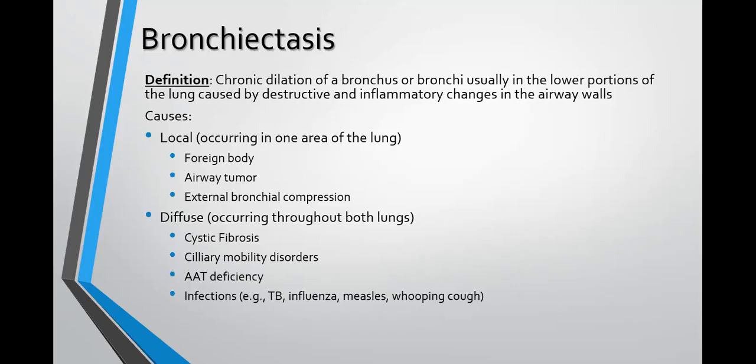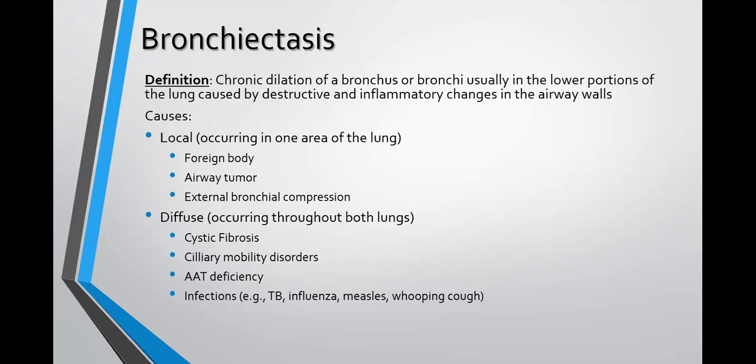The causes of the local bronchiectasis will be a foreign body, right? A foreign body that's inside the bronchus that's causing it to be wide, an airway tumor that's in there, or external bronchial compression, right? So a tumor or something behind the bronchi that's pushing it over, okay? Something that's local is something that's there, right? Some kind of bullet fragment or some type of foreign object is there, a tumor is there, or some type of bronchial compression, okay?